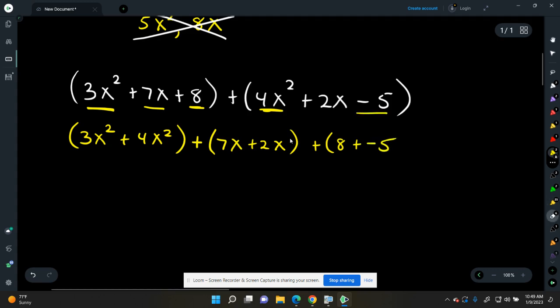Or I can just do 8 minus 5. Okay, so I grouped all my like terms together. And now I'm going to go ahead and combine them.